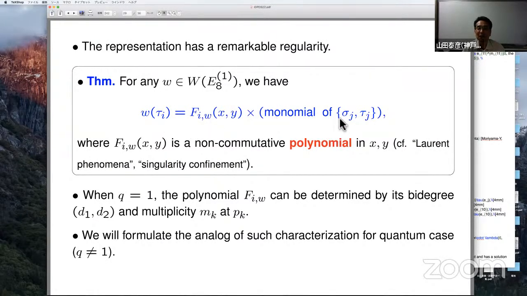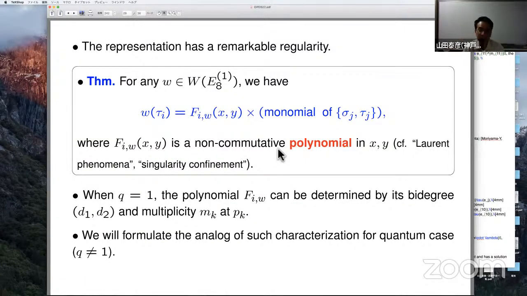Here, this part is a monomial part of the sigma and tau variables. And here is a function in x and y variables. A priori, they are rational functions in x, y, but they are in fact non-commutative polynomials in x and y. So this representation has a remarkable holomorphy or regularity property.